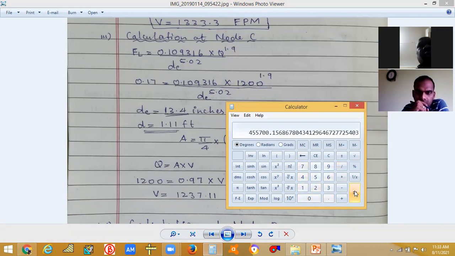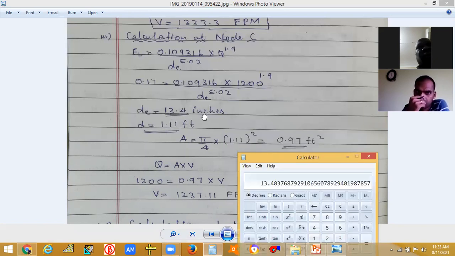We will be getting this value raised to 1 divided by 5.02. You get 13.4. That's what you got, 13.4 inches.